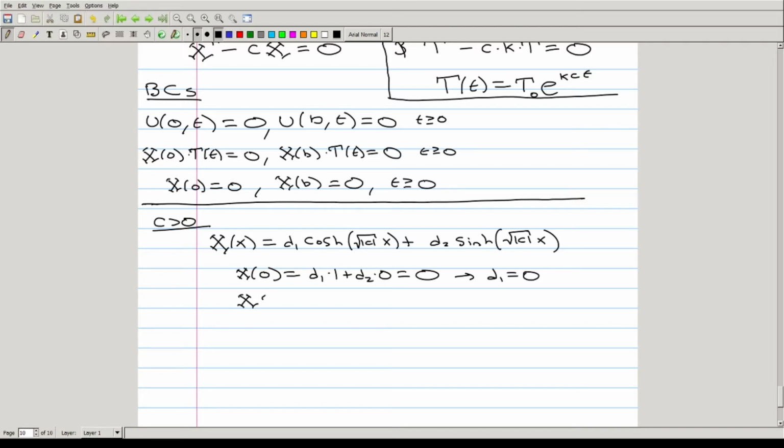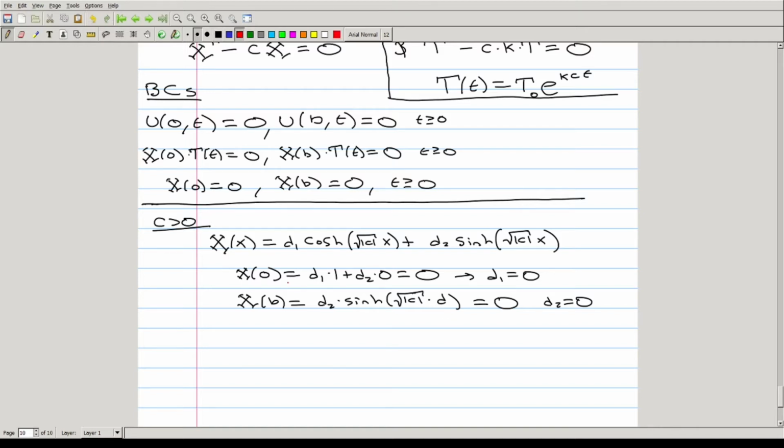And so when we go to satisfy our other boundary condition at b, this becomes d2 times hyperbolic sine of the square root of the absolute value of c times d has to be equal to 0. And the only way of satisfying this boundary condition is, again, making d2 equal 0. Because the only place that the hyperbolic sine is 0 is when d is 0, and that would be the length of the bar is 0.